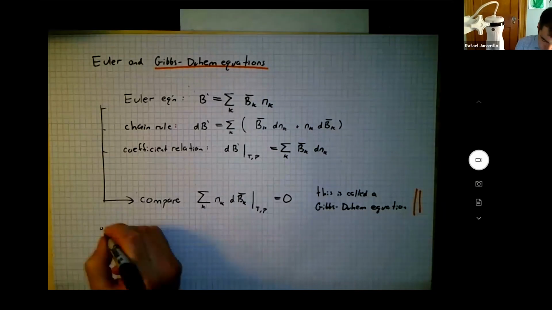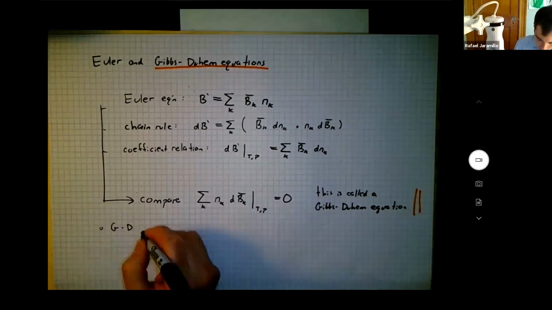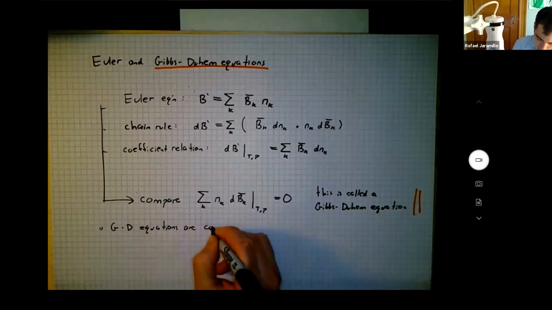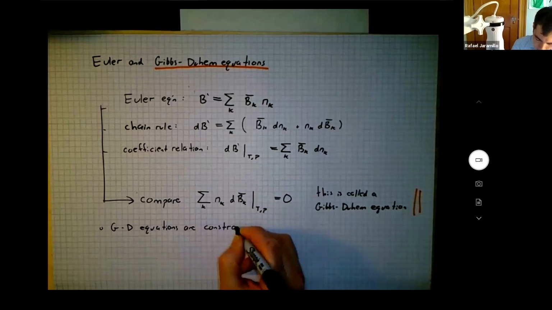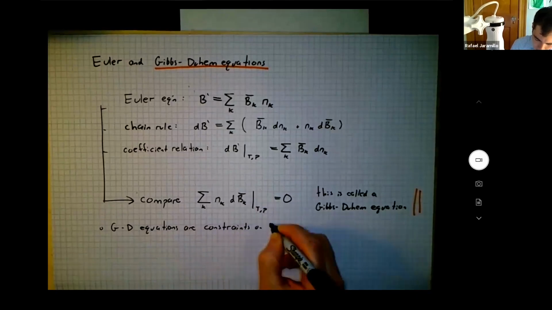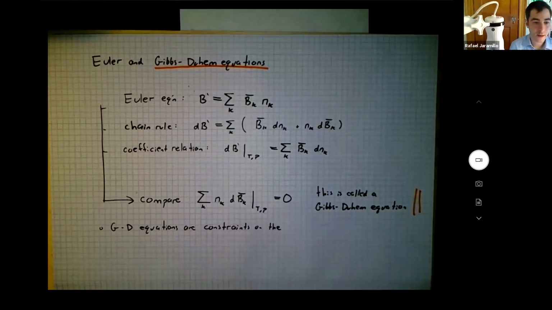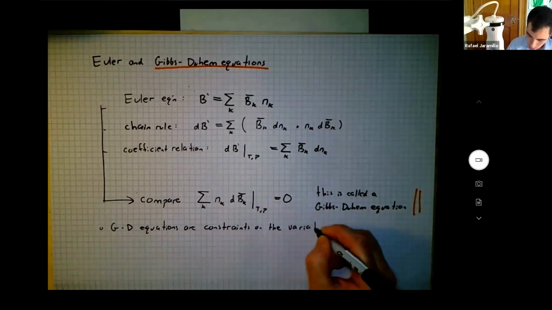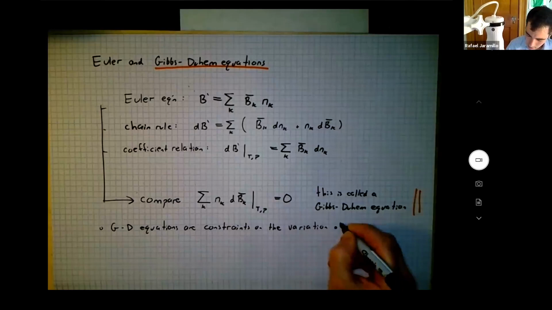The Gibbs-Duhem equations are constraints on the variation of intensive properties.